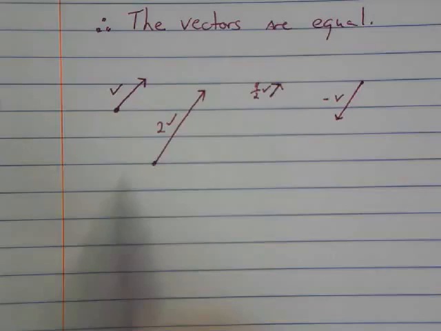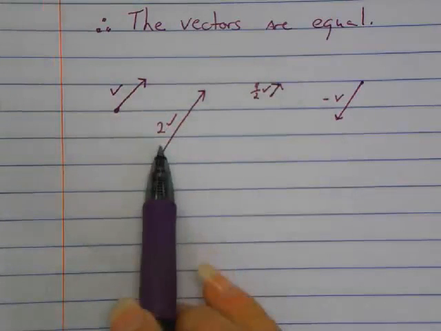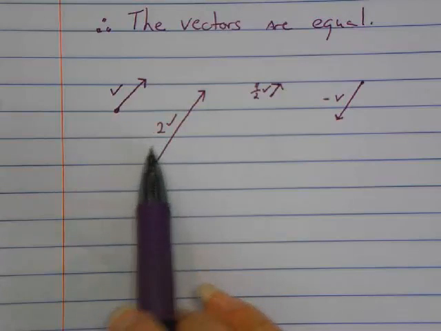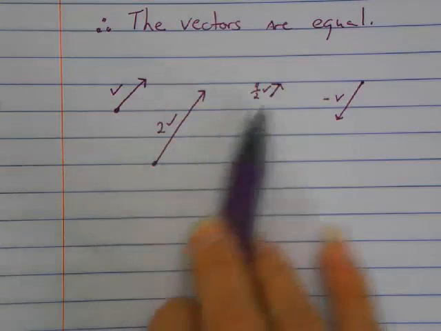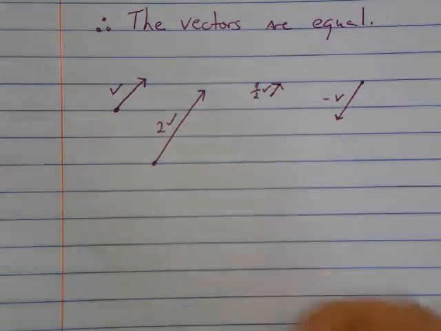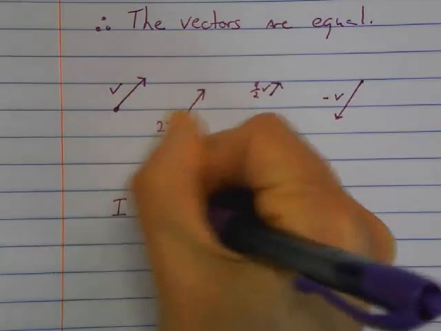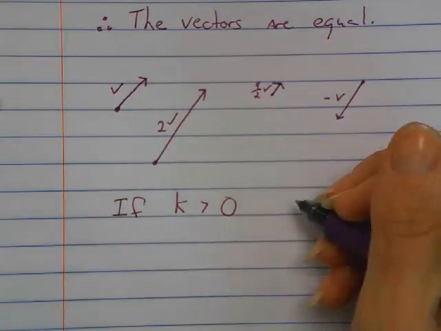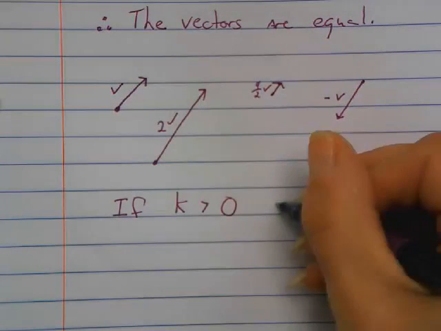So I can double him, I can shrink him. I don't have to just double him. I could triple him, I could make him 5 times, whatever. So I can multiply, I can make him smaller, I can flip him around. Okay? If k is greater than 0, then it goes the same direction.